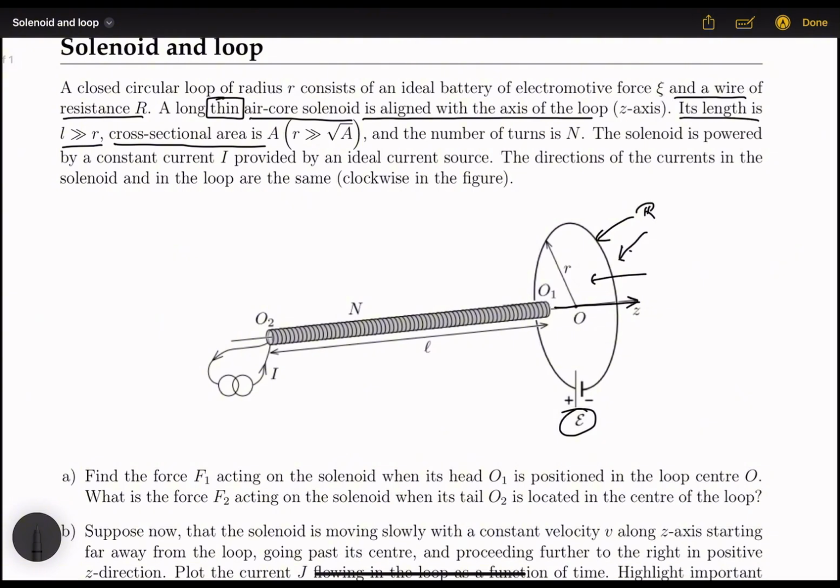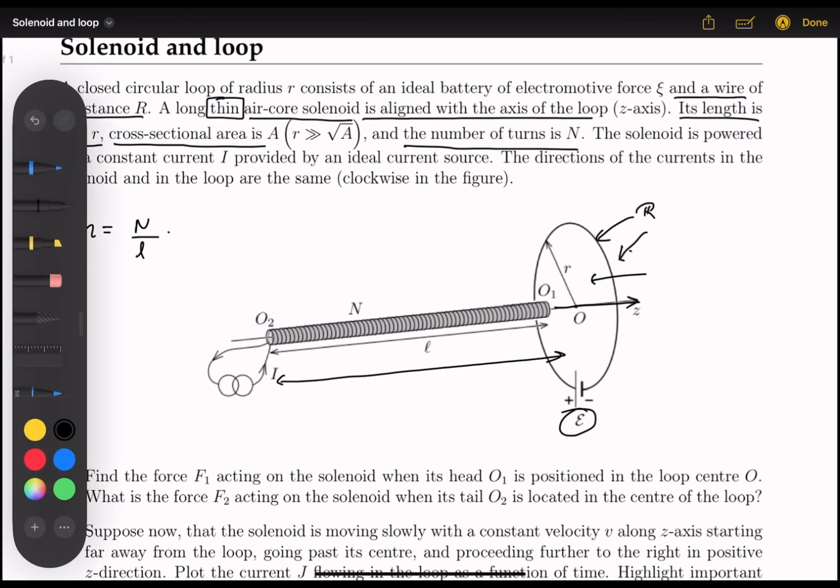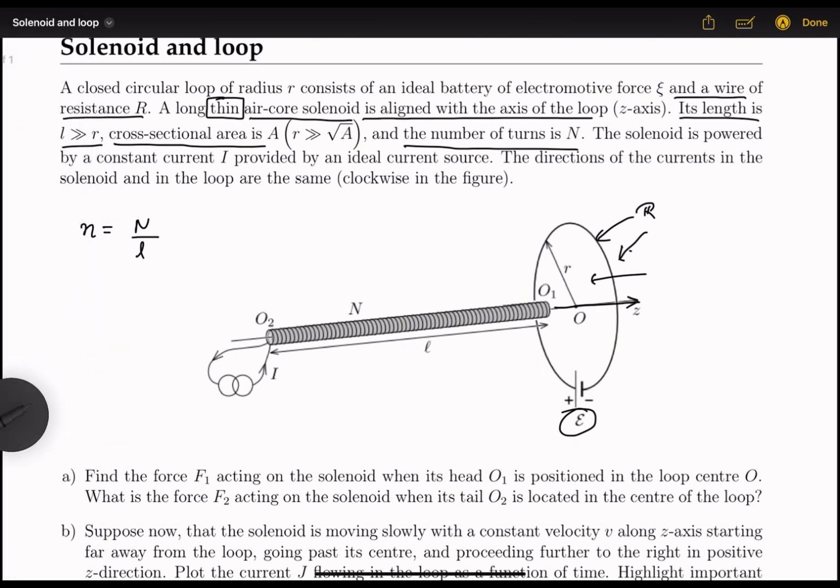a very small quantity. And the total number of turns is n, and that helps us make another inference, which is that the number of turns per unit length is going to be given by the total number of turns divided by the length, meaning that the number of turns per unit length does not vary along the length of the solenoid, right? So that's the thing.